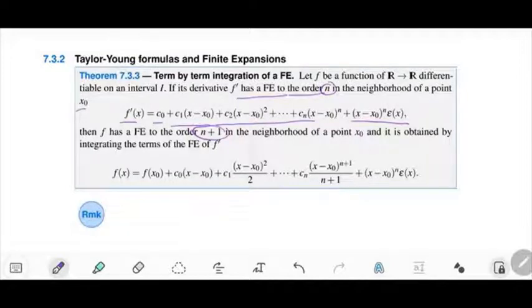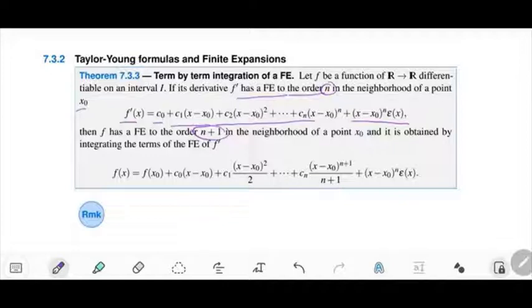So if you have a function with a finite expansion, then the primitive of this function has a finite expansion which is equal to the primitive of the finite expansion itself, so the integral of the polynomial part and the remainder.